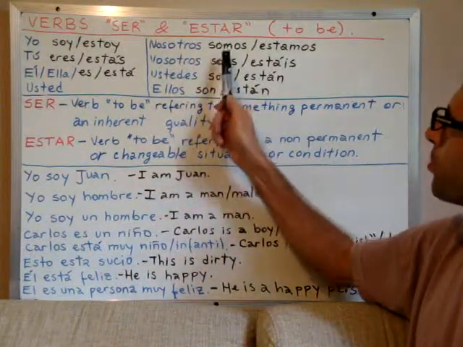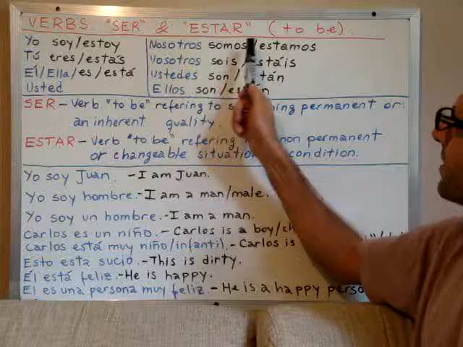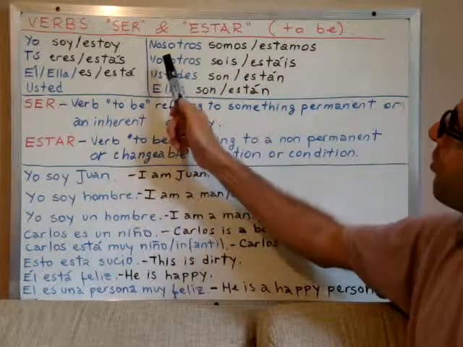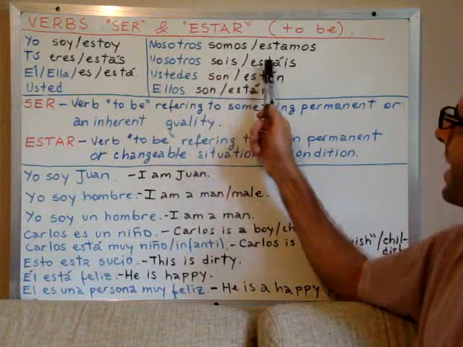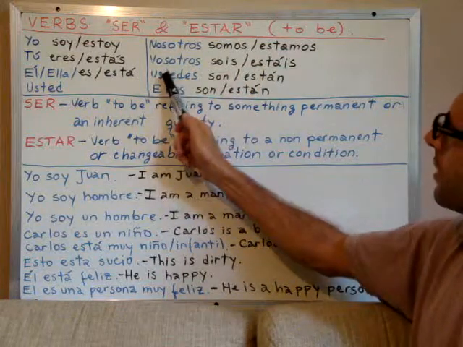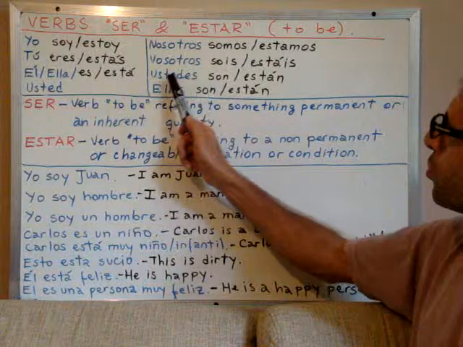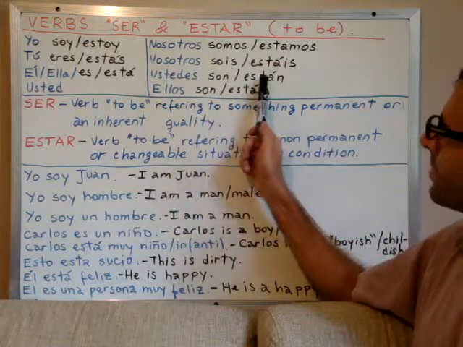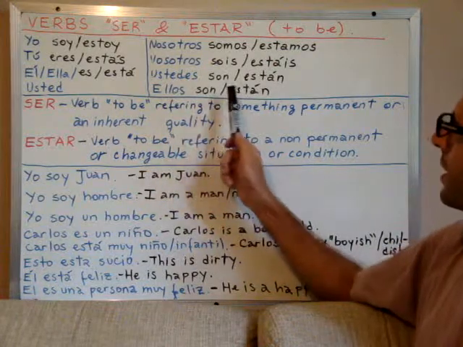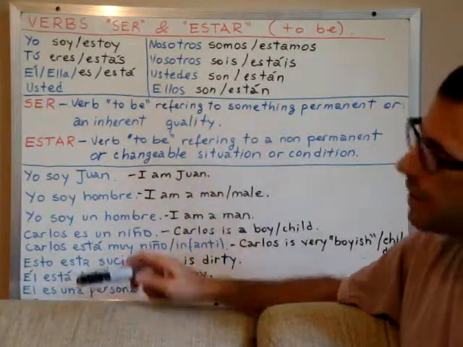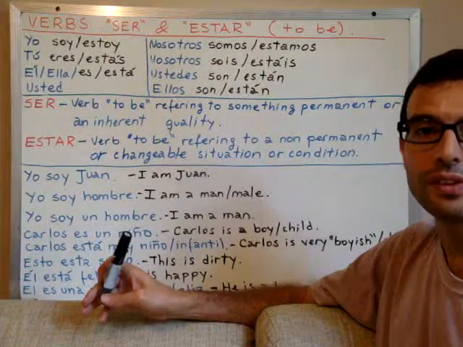Nosotros somos. Nosotros estamos. Vosotros sois. Vosotros estáis. Ustedes son. Ustedes están. Ellos son. Ellos están. Okay? This is the conjugation for present tense.